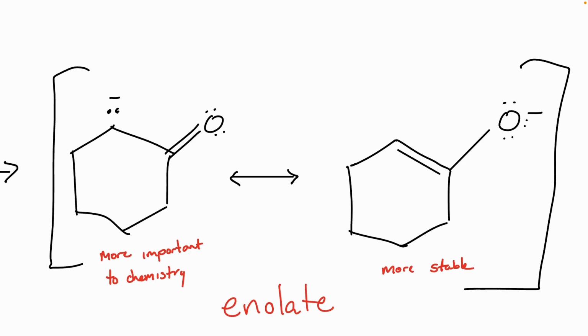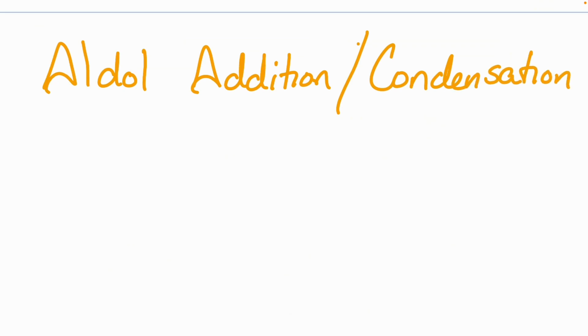All right, so where are we going with this? This brings us to our last type of reaction, and we're going to introduce it today and then spend a bit of time on it next class as well because they're kind of tricky. These are what are called aldol addition or condensation reactions.